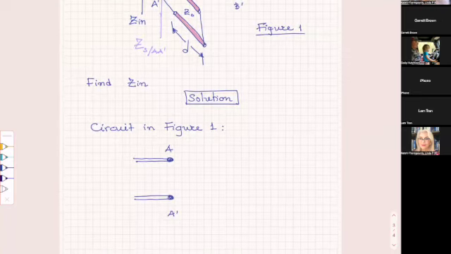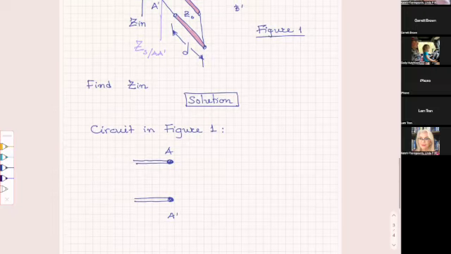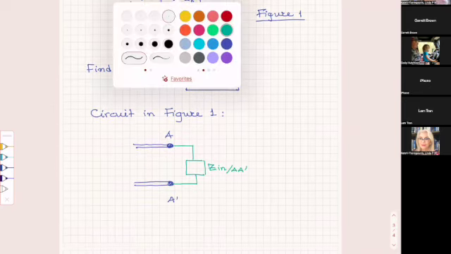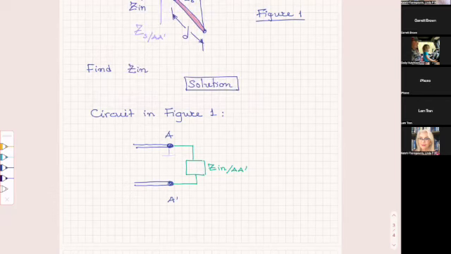And this is the input at A prime. And this one is Z stub at A prime.